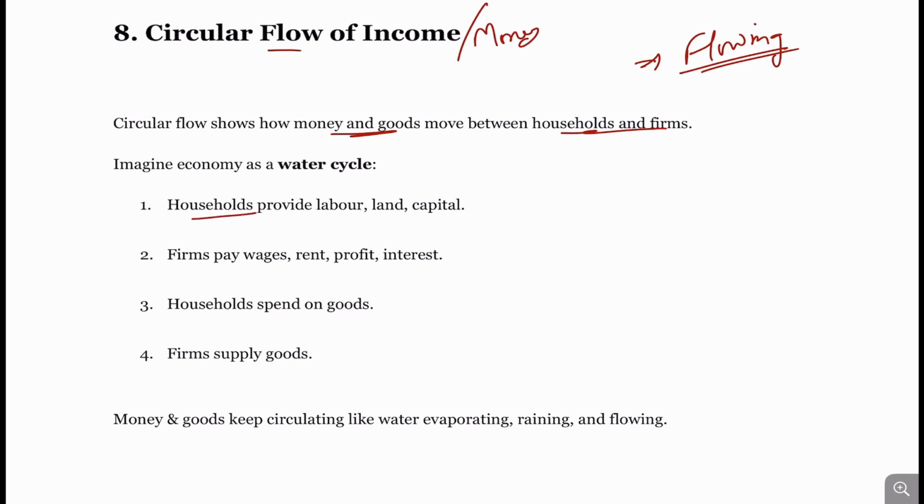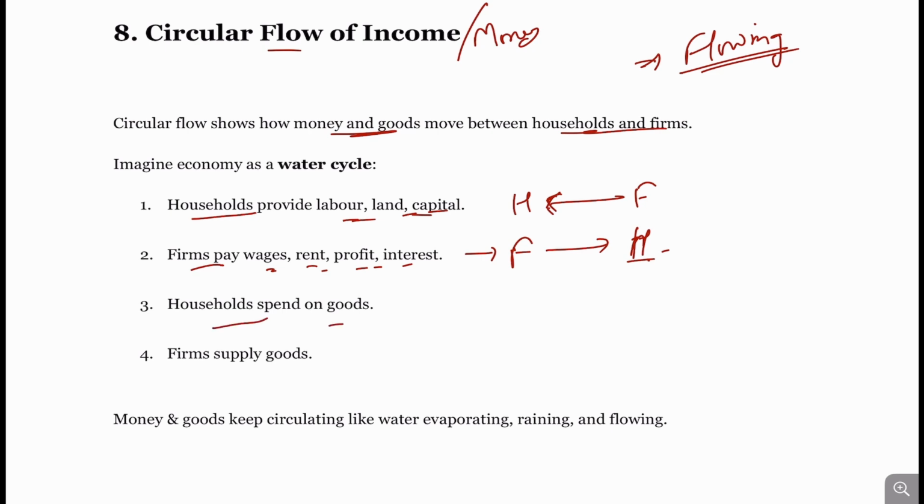Households provide labor, capital, etc. Firms pay wages, rent, profit, etc. to the people. So when they pay wages, rent, and profit, money flows from firms to households. Households provide labor, land, etc., and get rent, wages, etc. from the factories.